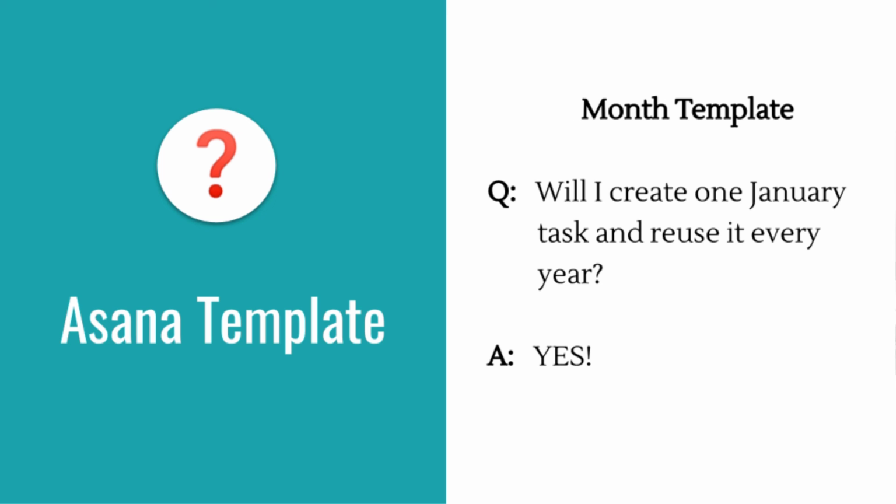Okay, so there are two more Asana questions I want to cover really quick. On the month template, will I create a task for January and then reuse that every year, or will I create a January 2022 and a January 2023?